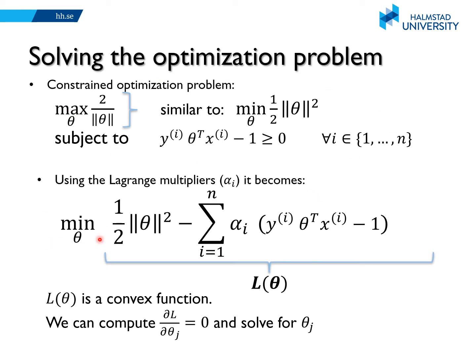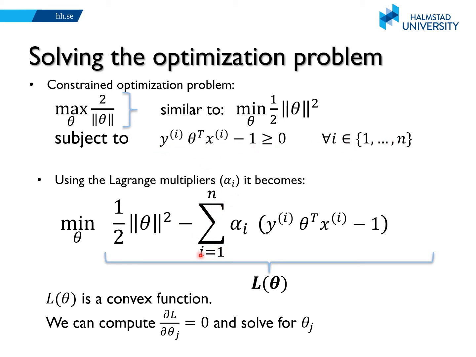So this is our constrained optimization problem. And we can convert it to a non-constrained optimization problem by using the so-called Lagrange multipliers. So our constrained optimization problem becomes this. We want to minimize our previous function, this one, right? Minus the sum over all our constraints. We have n of them.